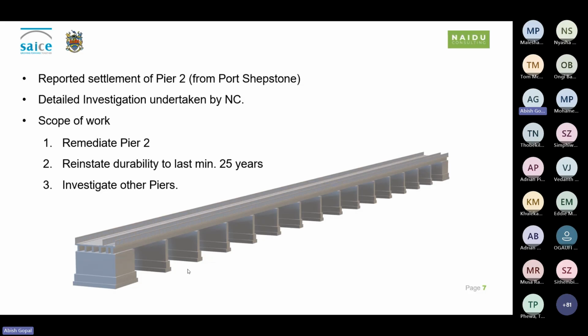Part of the scope of work was to remediate Pier 2 as well as to reinstate durability to last a minimum of 25 years, which is the remaining lifespan within the life cycle of the bridge. And lastly, since there's an issue on Pier 2 specifically, there's a foundation issue. DOT has then also asked us to investigate other piers to ensure that whilst we are in construction, we mitigate against any further reoccurring concerns.